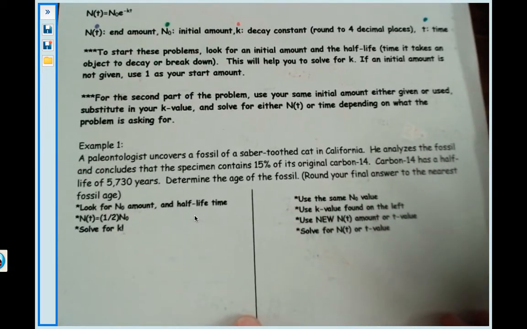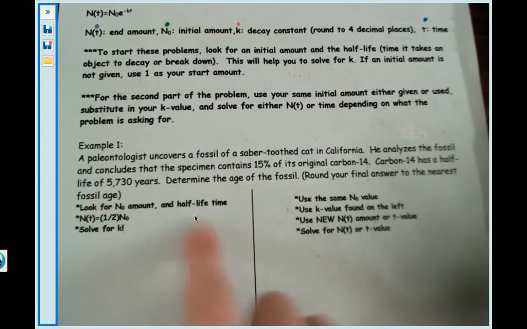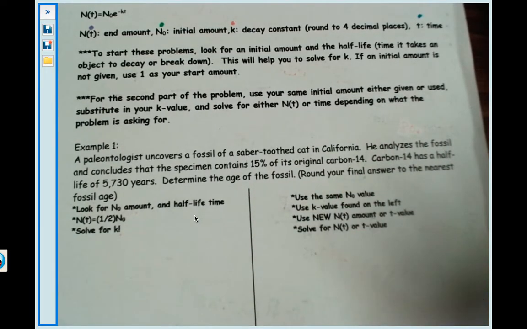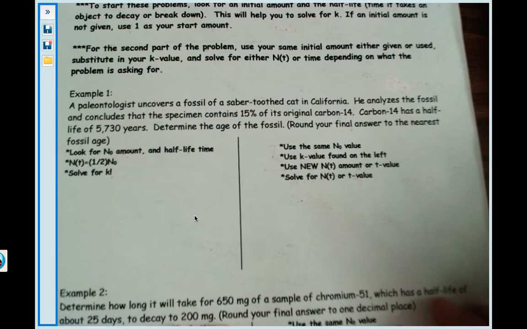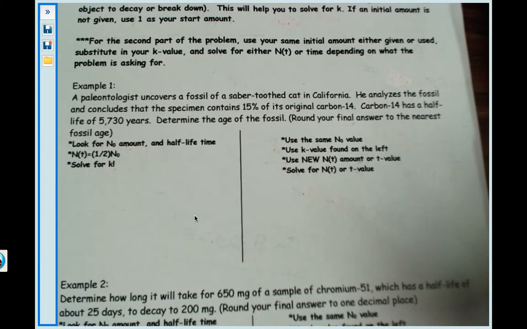In our example 1, it's a 2-part problem, so we're going to start on this side, and we'll have some things that we look for on this side, and once we find these things, it will help us to actually solve the problem. So let's get started. It says a paleontologist uncovers a fossil of a saber-toothed cat in California. He analyzes the fossil and concludes that the specimen contains 15% of the original carbon-14.